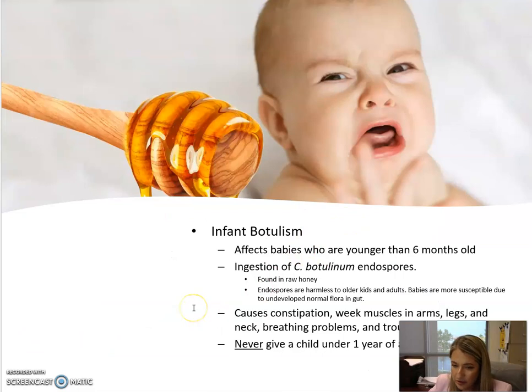It is also important to note that there is something called infant botulism. For most individuals, children and adults, if you would ingest the Clostridium botulinum endospores, like if you would get a handful of soil and eat it, those endospores are not going to be able to do anything to harm you.